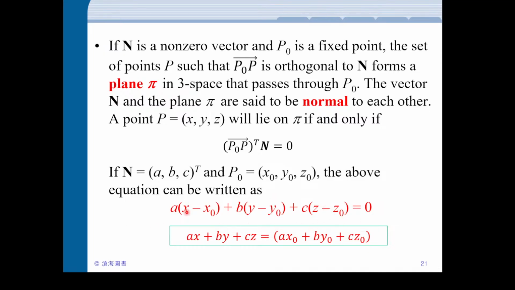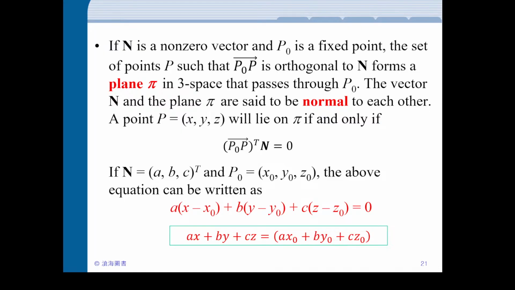So here we derive the equation of the plane described by this normal vector n and some point (x0, y0, z0). We can also rewrite this equation to a more familiar form of plane equation: ax plus by plus cz equal to just a number, ax0 plus by0 plus cz0.